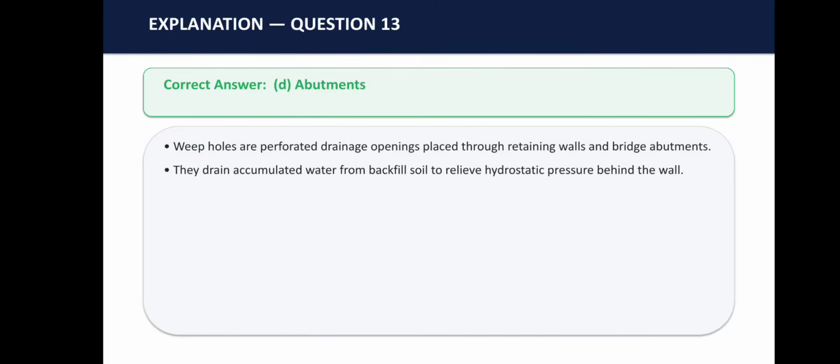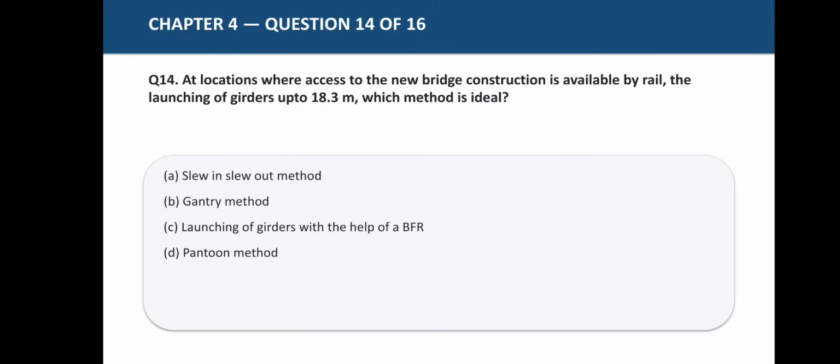Question 14. At locations where access to the new bridge construction is available by rail, which method is ideal for launching girders up to 18.3 meters? Option A. Slew in slew out method. Option B. Gantry method. Option C. Launching of girders with the help of a BFR. Option D. Pontoon method.